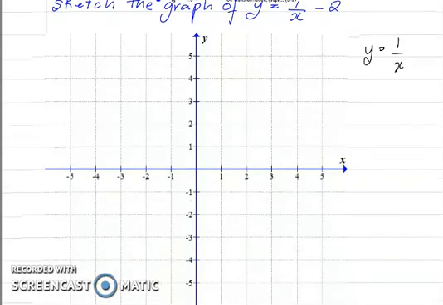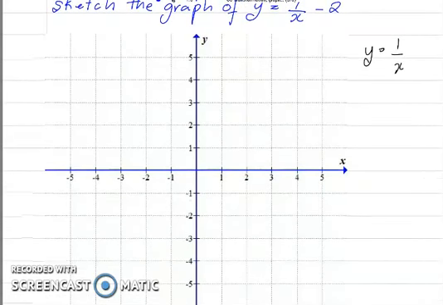Let's obtain some coordinates. We have y is equal to 1 over x. When x is 1, y becomes 1 over 1, which is also 1. So the point 1, 1 is on the graph.